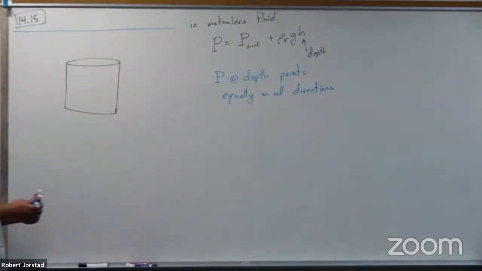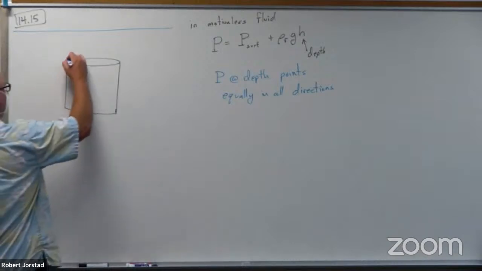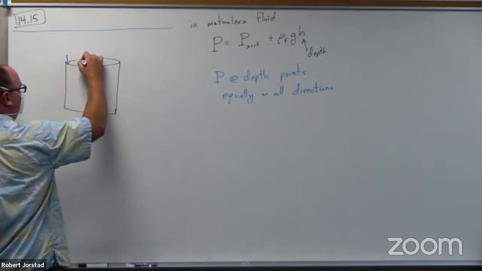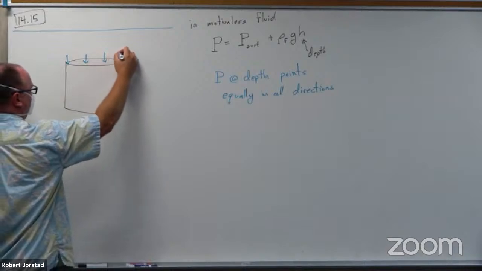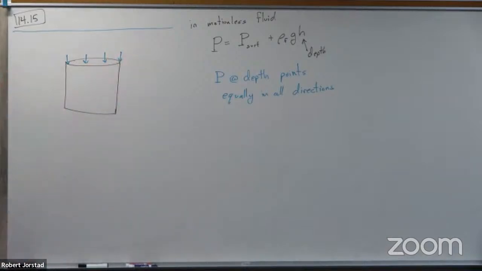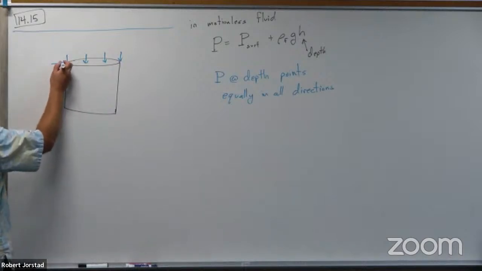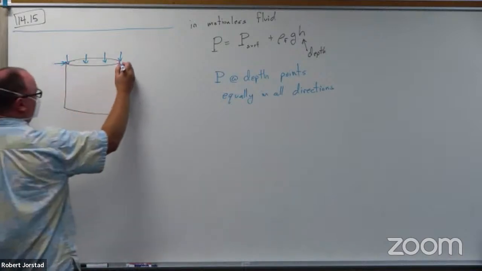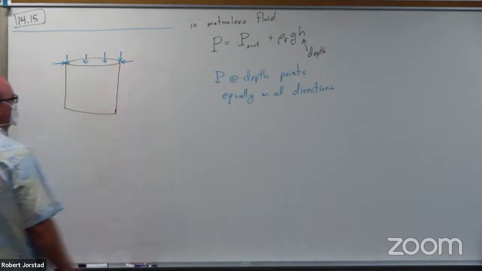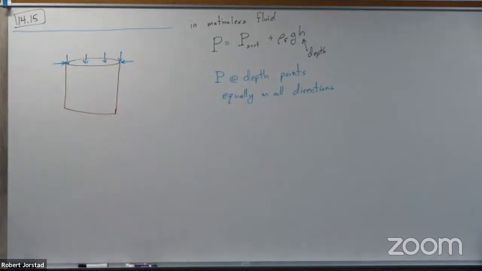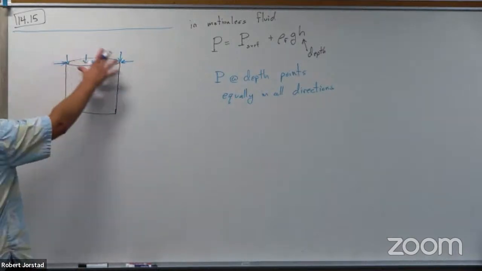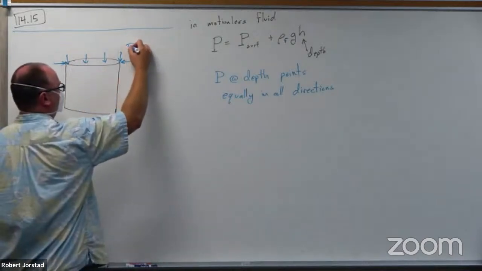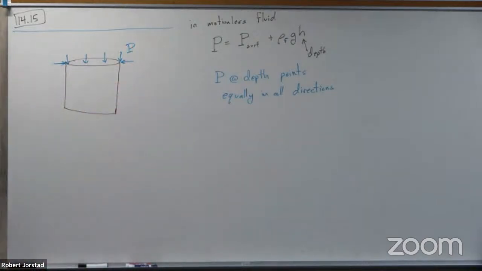So let's imagine at some instant, and you can see we've got some pictures here. Let's say we know the pressure at the top corresponds to an arrow that's about that size. Furthermore, because this is still basically right at the top, this arrow should have the same size too. As you go deeper, what should happen to the size of these arrows indicating the pressure? What should happen to the size of the arrows as you go deeper?